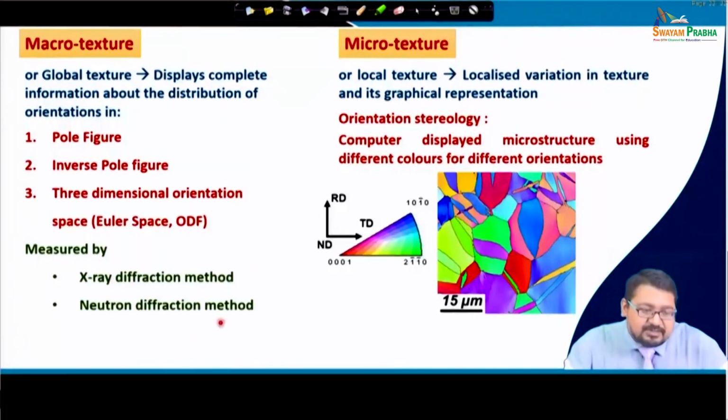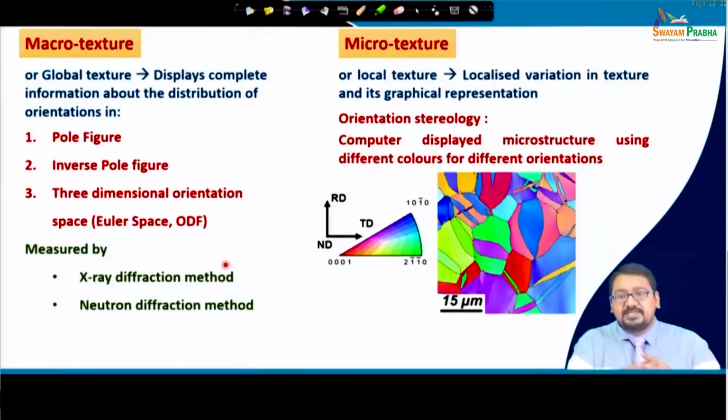When you talk about macrotexture, as we know, it is measured mainly by X-ray diffraction or neutron diffraction methods. We will come to know in detail in later lectures why these methods are used for macrotexture.